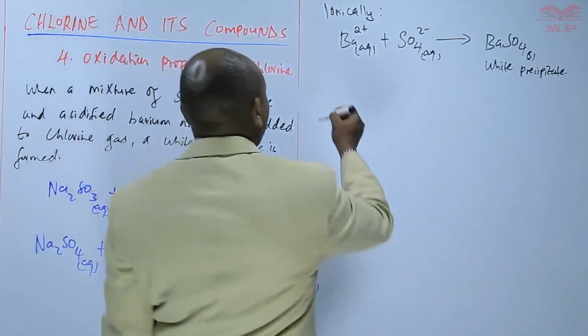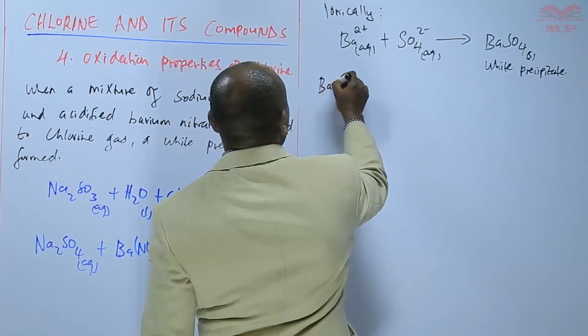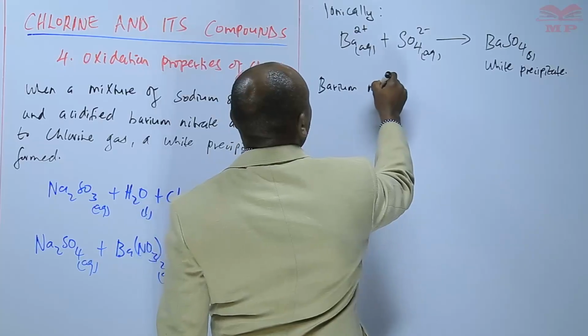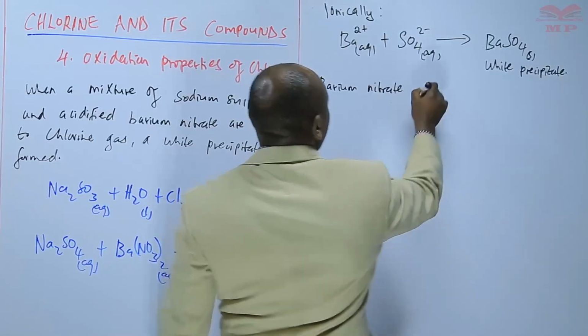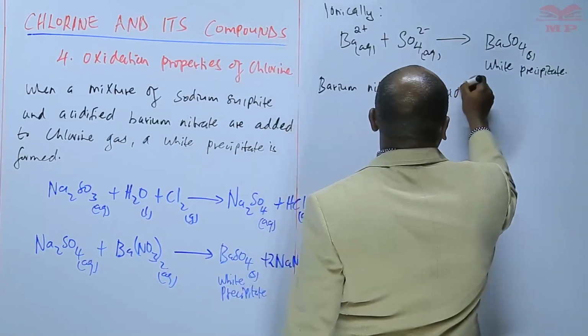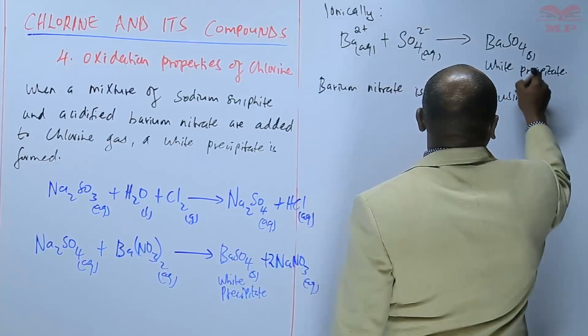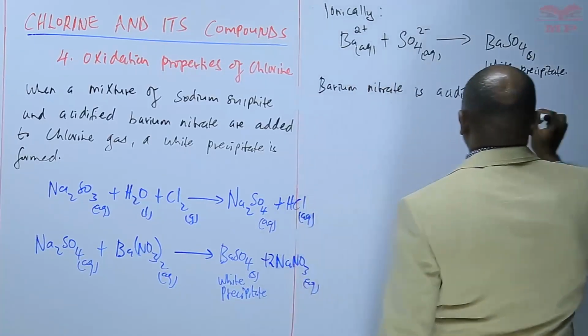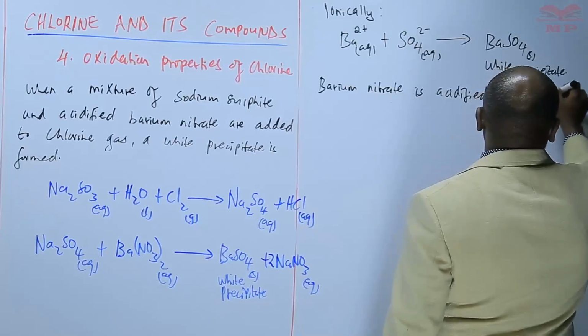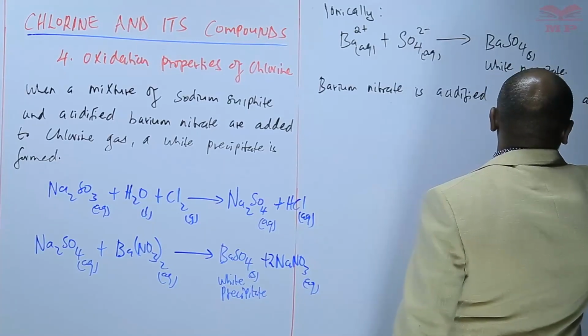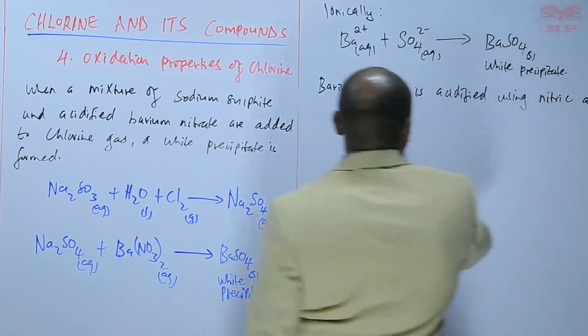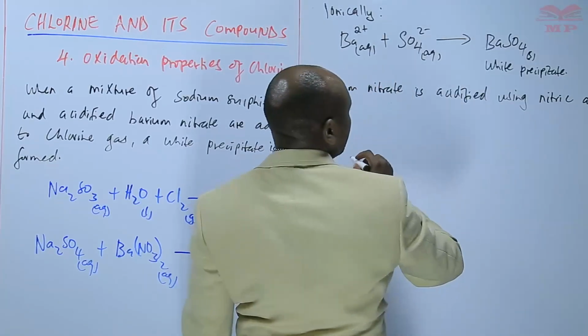So in this case, barium nitrate is acidified using nitric acid.